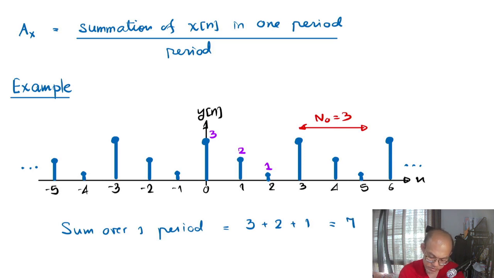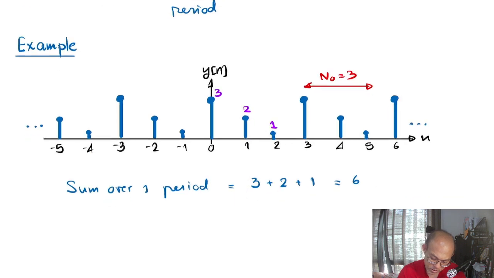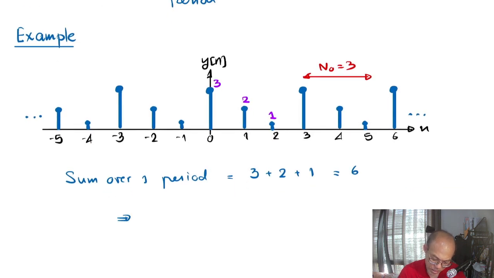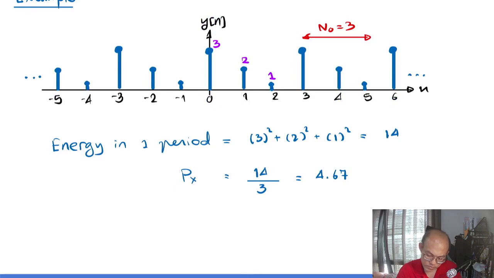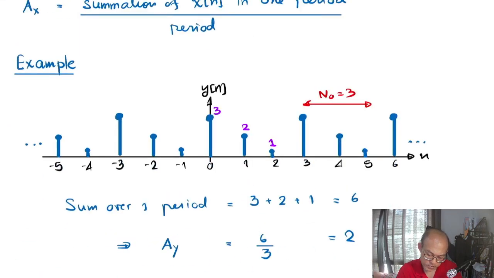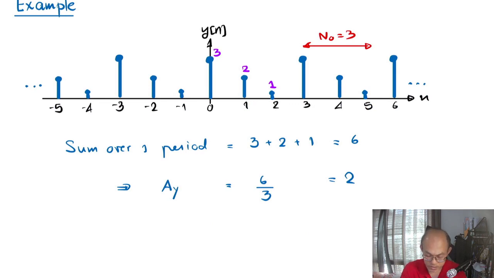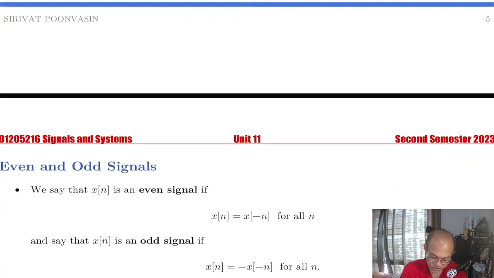Which is 6, sorry. Which is 6. So the average of y is 6 over 3, and that is 2. This is y, not x, sorry. So now we have energy, we have power, and we have average.